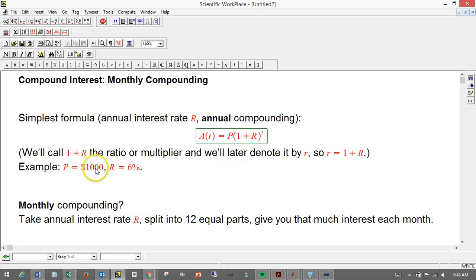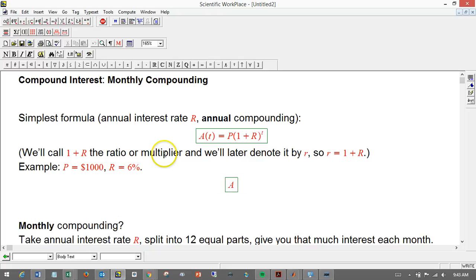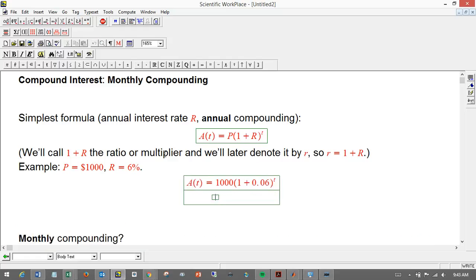So for example, a principal of $1,000 put in at 6%, we're going to get A of t is 1,000 times, now let's see, what is that 1 plus R? So that's 1 plus 0.06 to the t. Or in other words, just simplify how we're writing it, 1.06 to the t power.